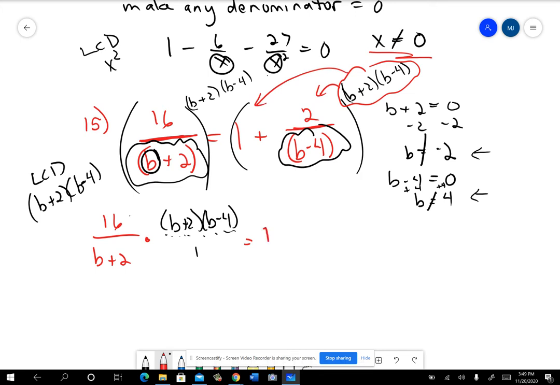So I'm going to take the 1 and multiply it by b plus 2 times b minus 4. Hang on a minute. It just feels like a whole lot right now, but a whole bunch is going to cancel out in a second. And that's why we're doing it. We're trying to make this look a whole lot simpler. Then I'm going to take the 2 over b minus 4 and I'm going to multiply it by b plus 2 times b minus 4.